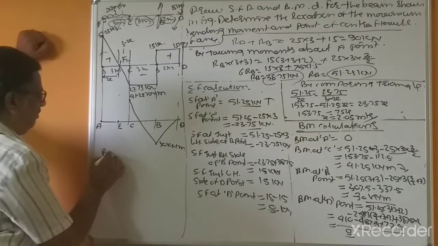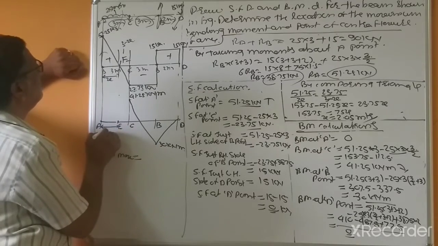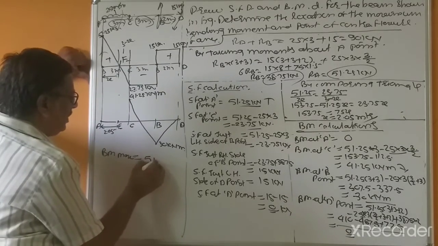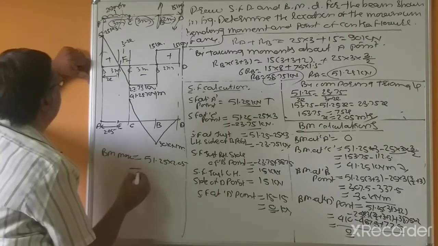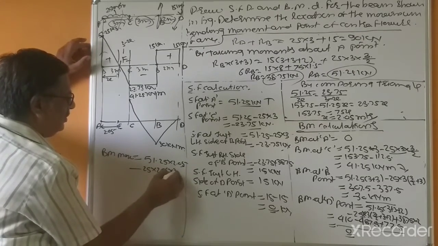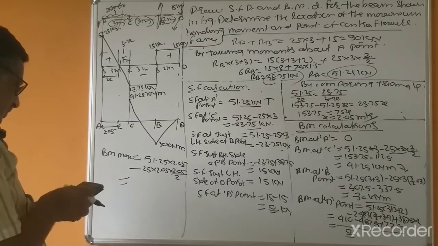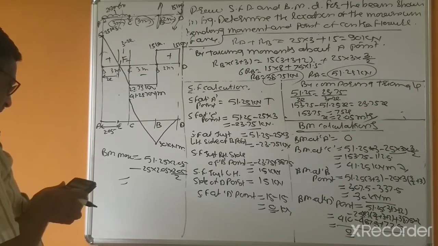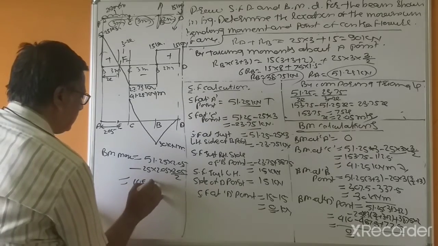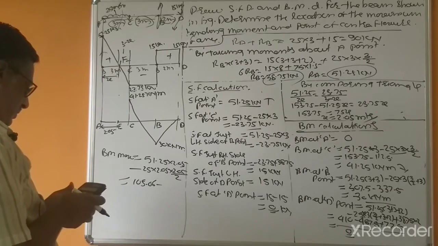So bending moment maximum equals, now this distance equal to 2.05, so 51.25 multiplied by 2.05 minus 25 uniform distributed load and distance 2.05 divided by 2. 51.25 times 2.05 is 105.06, minus 25 into 2.05 square divided by 2.